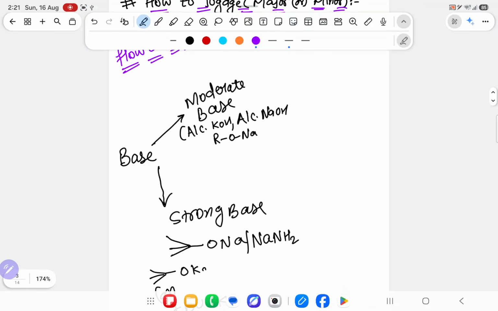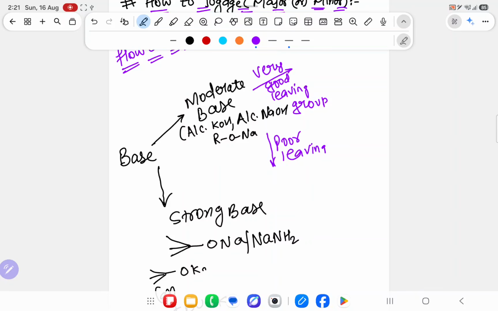Now if a moderate base is there, it has two possibilities: either a very good leaving group, or the moderate base plus a poor leaving group. How will we know which one is a very good leaving group and which is a poor one? Poor leaving groups are fluorine, OH, OR, NR3+ and SR2+.